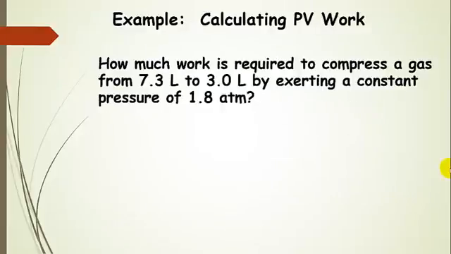All right, so let's use that equation and calculate some work. How much work is required to compress a gas from 7.3 liters to 3.0 liters by exerting a constant pressure of 1.8 atmospheres? Think about whether we are doing work on the system or if the system is doing work.